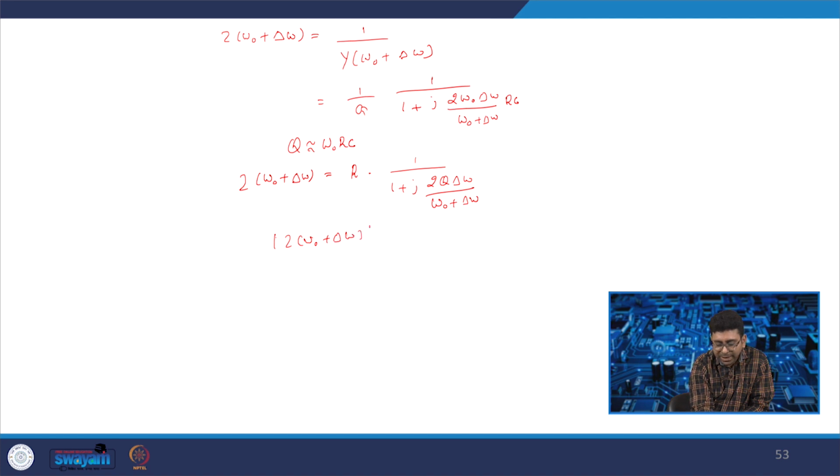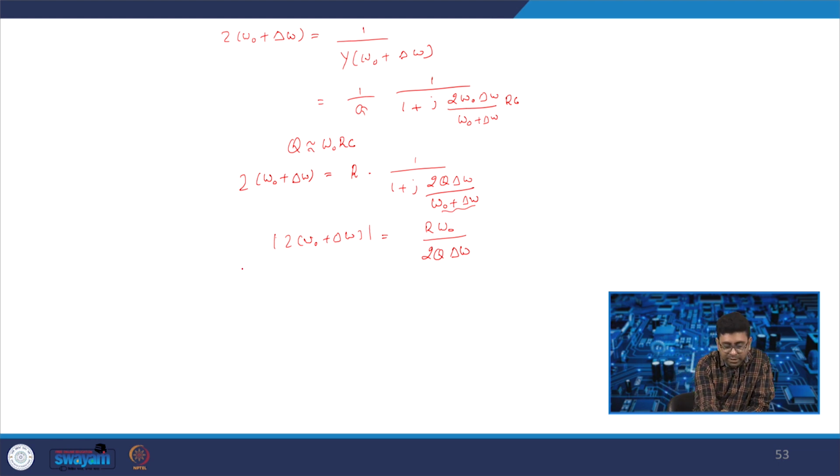If we consider the magnitude, this will go up to R omega naught by 2Q delta omega. So, this is the impedance that we have found, that is R omega naught by 2Q delta omega. In the term omega naught plus delta omega, omega naught is higher.